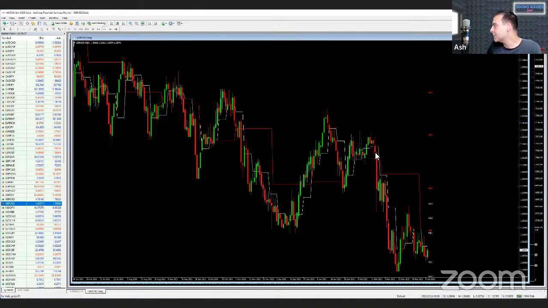But again, how long does a move have to be before it becomes too long, before you get a bounce back? Now, the rule of thumb, the number that most traders love, is the number 3. They like 3 touches, they like 3 bounces, they like the ABC.